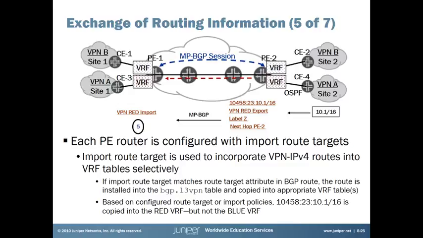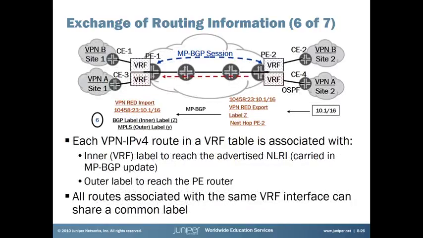And then from there, the individual private address routes for the customer sites will be imported into their respective VRFs based on route target information, and what will arrive in those tables is just the private routes for the customer sites, and all the other stuff is left behind on the import.